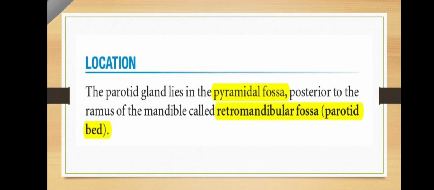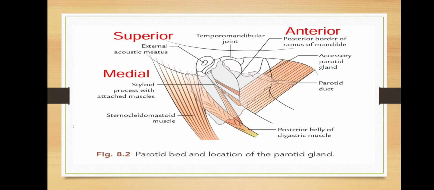Next, we will see the boundaries of the parotid bed. Mainly this parotid bed has four boundaries: anterior, superior, medial and posterior. The posterior boundary cannot be shown in this figure.